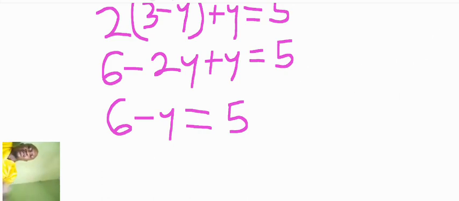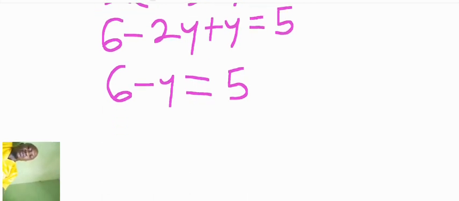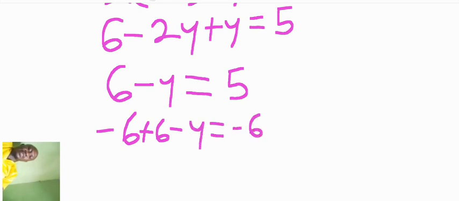So we are adding the additive inverse of 6 to both sides. The additive inverse of 6 is negative 6. So I have negative 6 plus 6 minus y is equal to negative 6 plus 5.